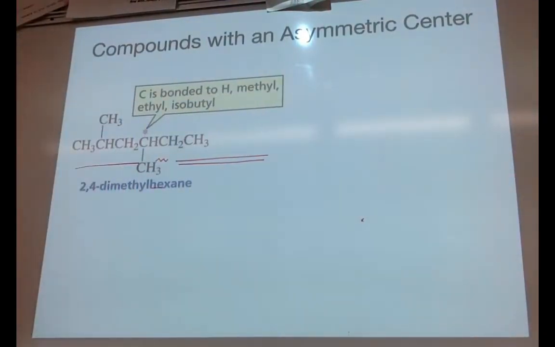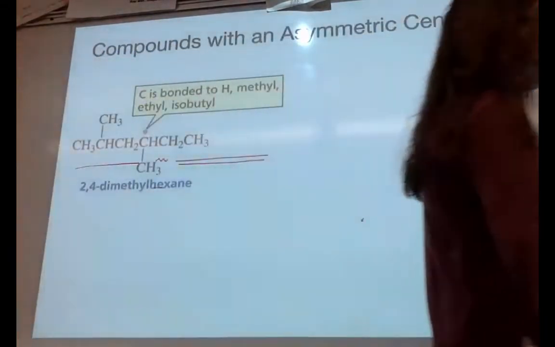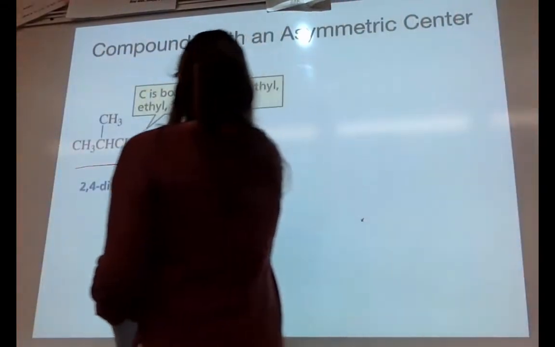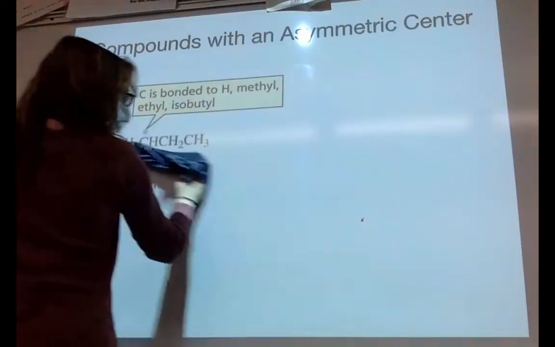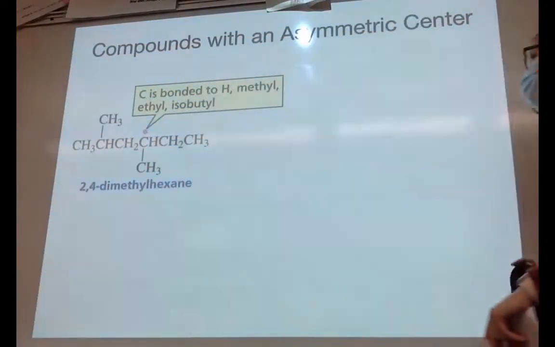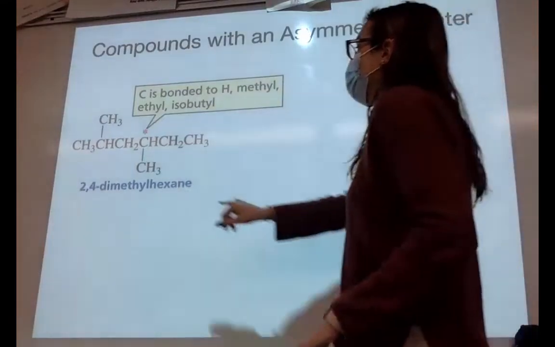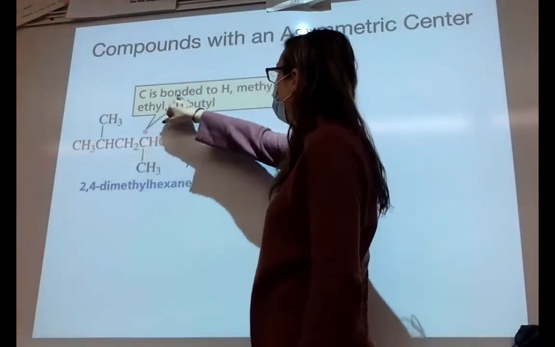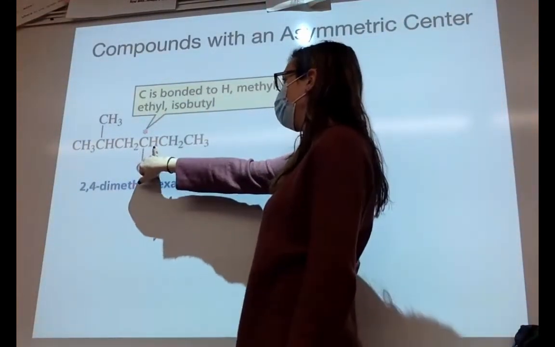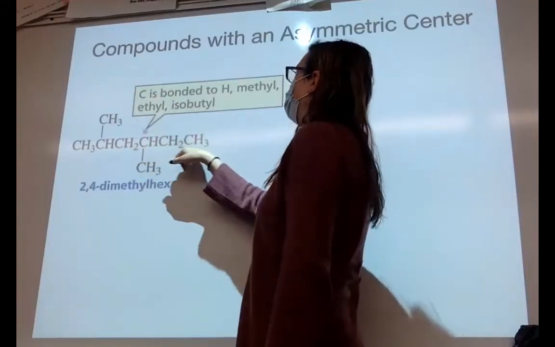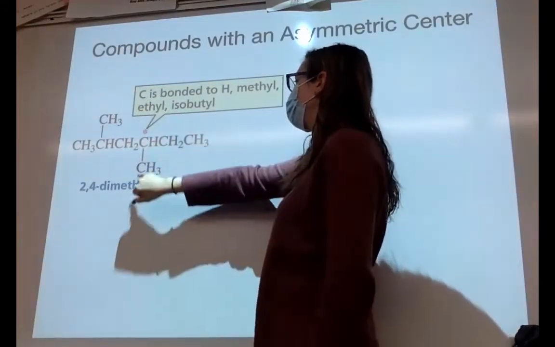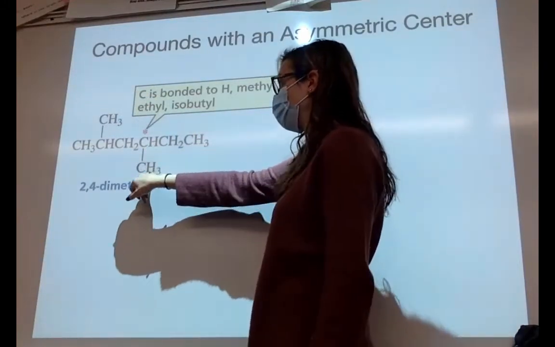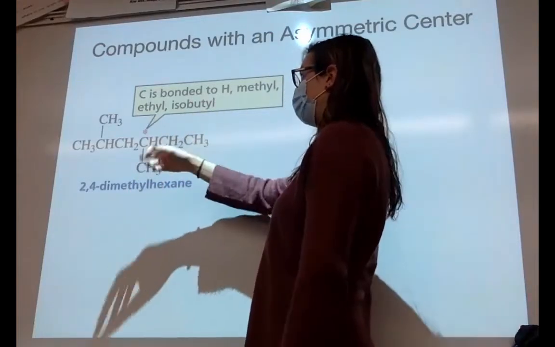All right, here's another one that shows dimethylhexane. So here, you're looking at the entire thing that it's attached to. So on this side, and it kind of explains it here, you have a hydrogen, there's one group. You have an ethyl, there's another group. You have a methyl, there's a 3rd different group.